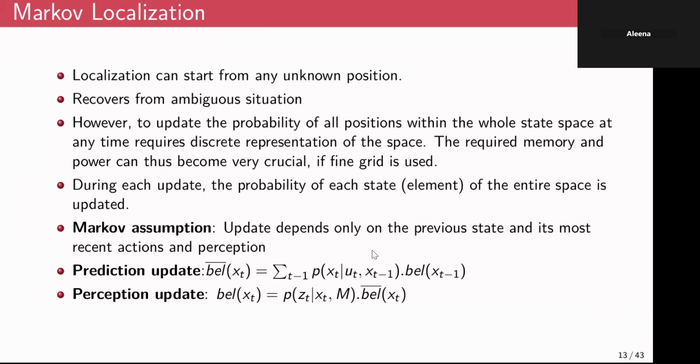Based on the control input and the sensor readings, the probability of the grid gets modulated. As you do this prediction and perception update, the probability of the entire grid changes, and eventually you end up with a small space in the grid with very high probability.